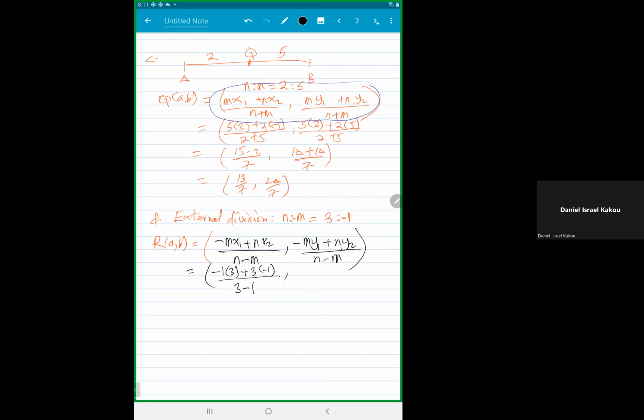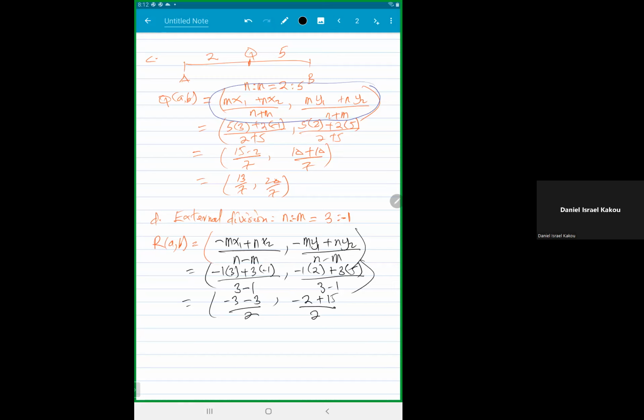Then we have minus 1, y1 is 2, plus 3, y2 is 5, all over 3 minus 1. So the rest is evaluation. So I have minus 3 all over 2, and I have minus 2 plus 15, right?